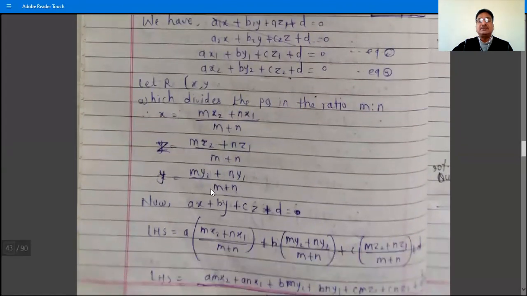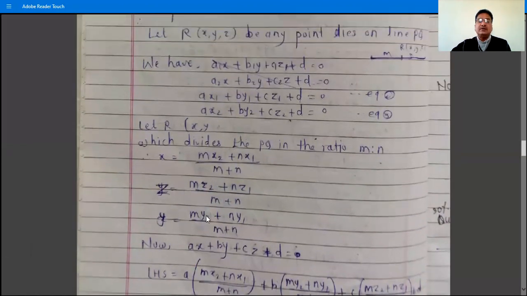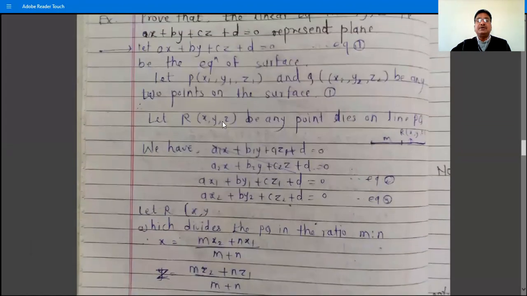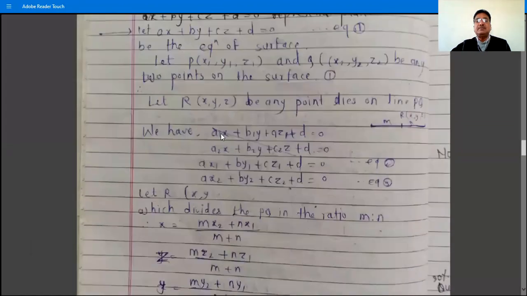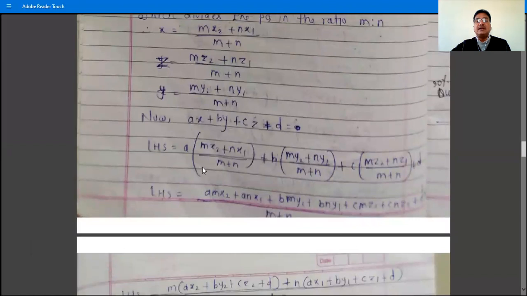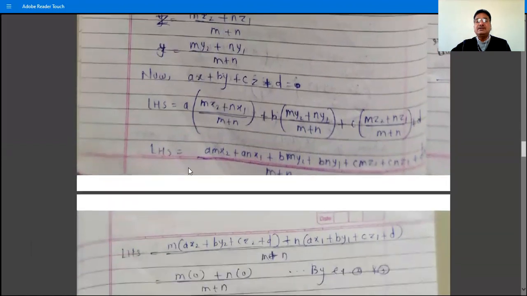So write x, y, z by using the section formula. And these are the coordinates of the point R. Now consider the LHS of the equation ax + by + cz + d = 0. Write x as this coordinate (mx2 + nx1) divided by (m + n), that is the x coordinate of the point R. Then write the value of y as this, plus c, write the value of z as this, plus d, so m + n is the LCM.